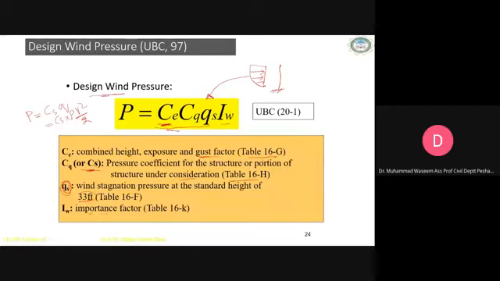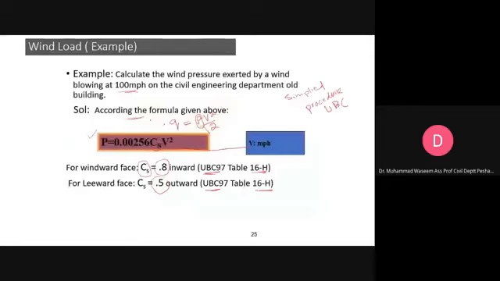We also have some importance factor. You have to go to the code and multiply these together, and then you will get a pressure. So this is very simple. If you go to the code and pick the values relevant to your building type and the exposure type of your building, then you can compute the pressure using this formulation as well.